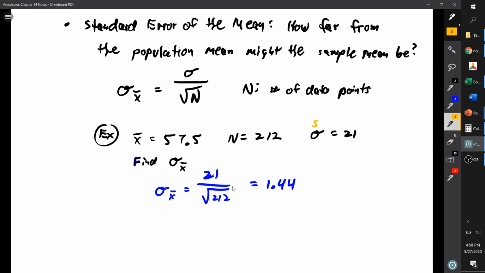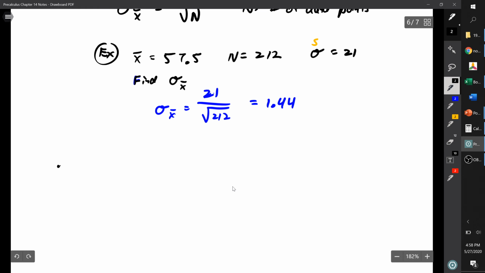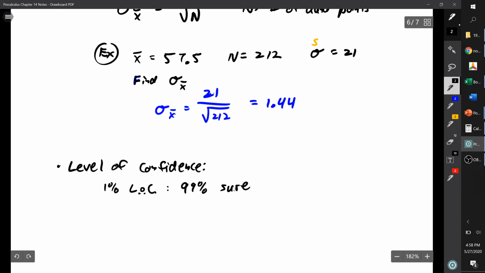Okay, so there's that. And then there's something that looks very similar to what we were doing in lesson 4, but it is finding what's called the level of confidence. What we're finding here is a 1% level of confidence, I'll put LOC for short, is that we're 99% sure that such and such.